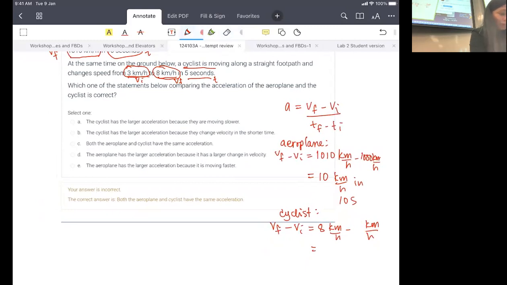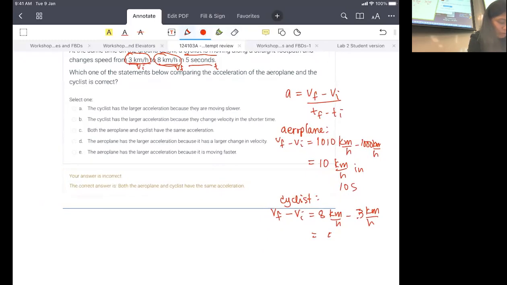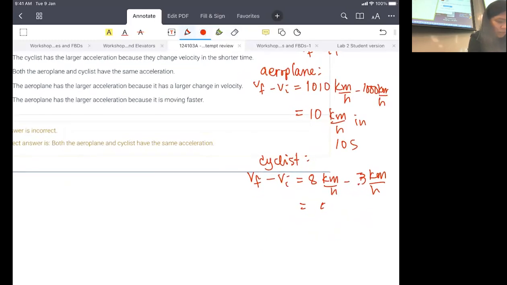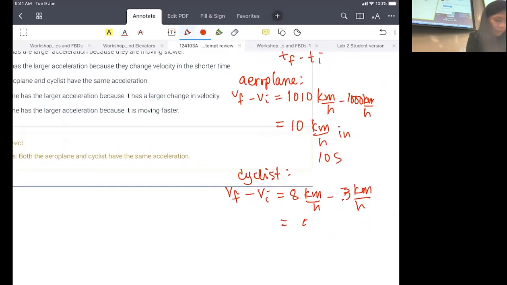My brain said the answer instead of the calculation. So that will be a change in speed of 3 kilometers per hour for the cyclist.